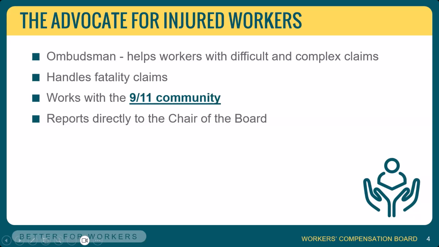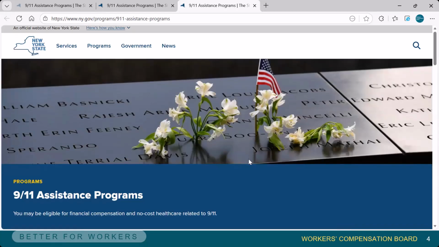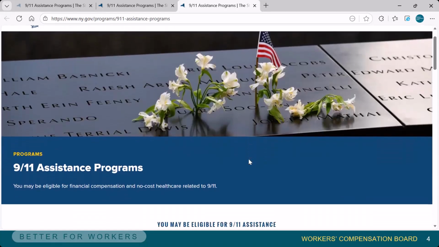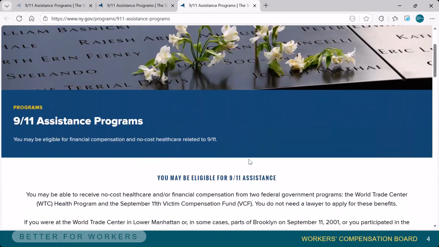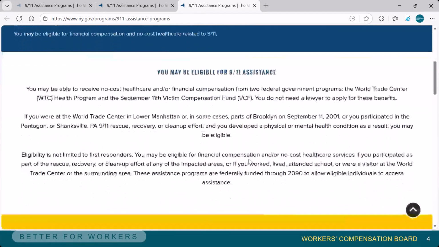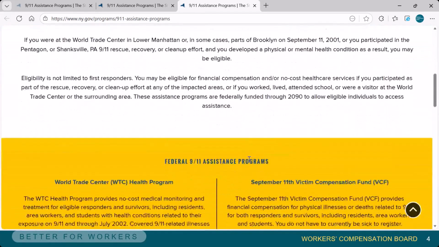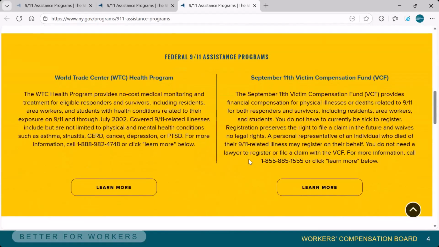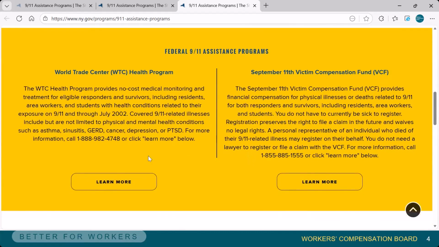And I work a good deal with the 9/11 community. This is a situation that is ongoing, and Governor Hochul has for several years now been highlighting the 9/11 assistance programs. So we would just like to show you these two in particular. On the left there, you see the World Trade Center Health Program. Well, if this was your screen, you could click more to learn more. So maybe you want to come to this page yourself and check this.